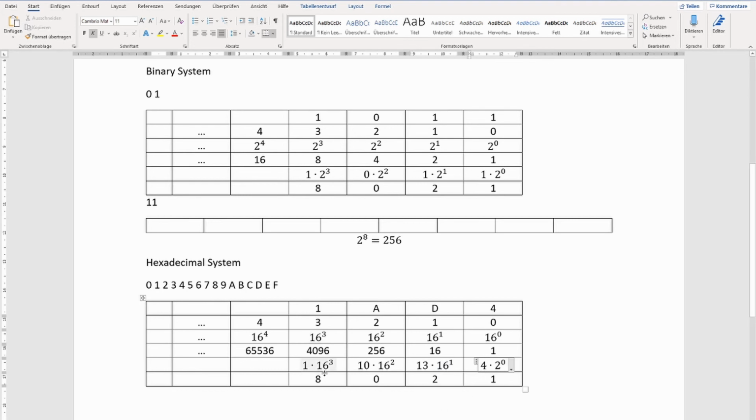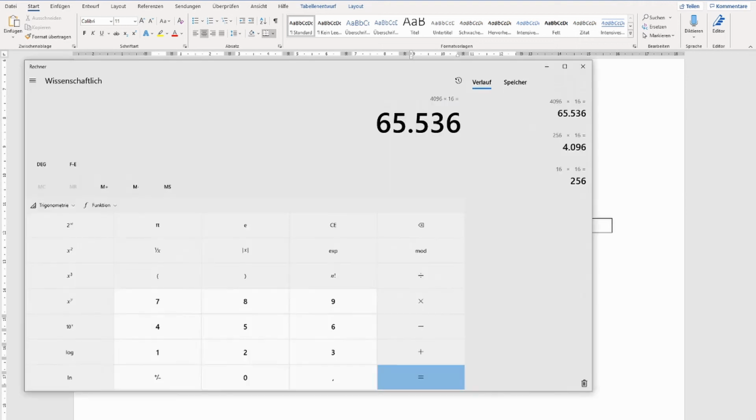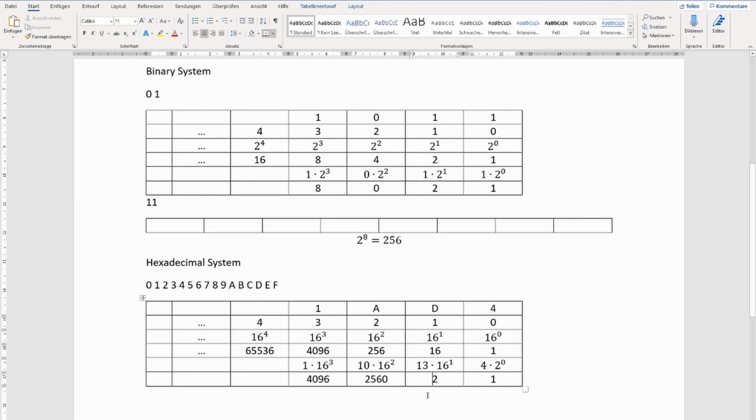So we have 1 times 4096. We have 10 times 256, so this is 2560. We have 13 times 16, that's 208. And we have 4 times 1, that's 4, that's easy.